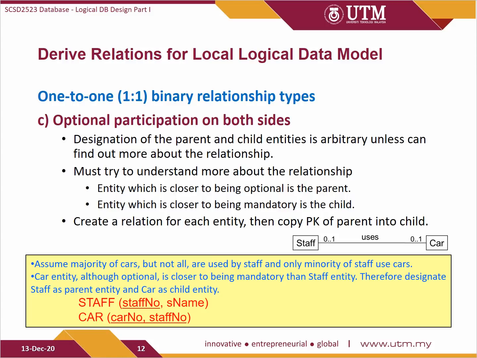Next, we talk about the optional participation on both sides of one-to-one relationship. So in this case, the designation of the parent and child entities is arbitrary unless we can find out more about the relationship that can help us make a decision.